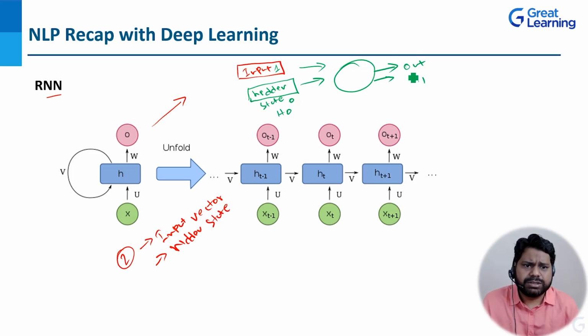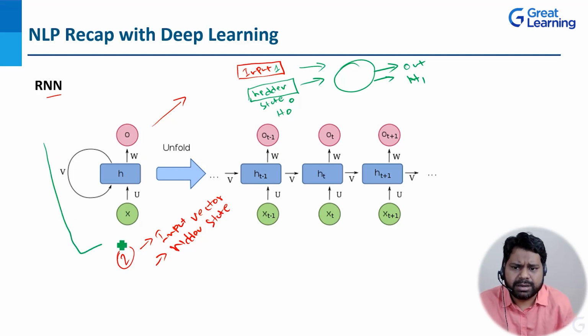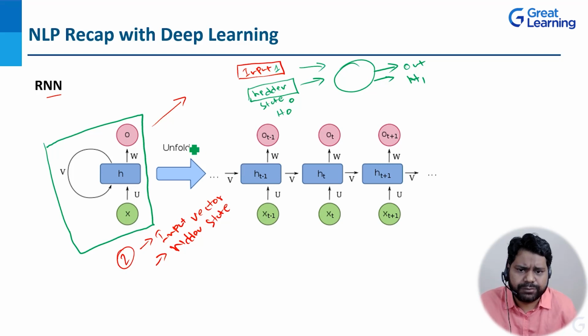Okay, so this continues. In this example, this is nothing but a breakdown of how this works, shown here if we unfold it. It starts with hidden state h(t-1); the input vector x(t-1) goes there, and we get output o(t-1).